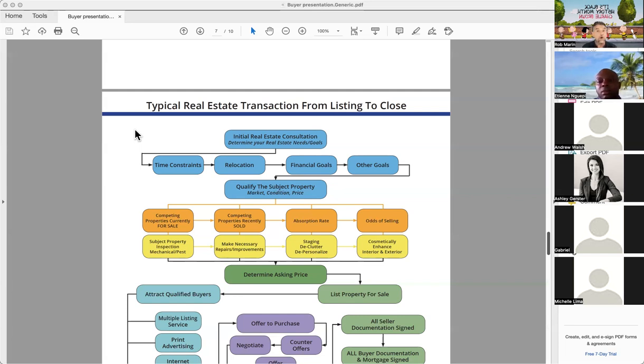That could be it. Or what if you're on a block where the home you're in is lovely and it's on a hill, but you have no view because the homes across the street block the view, but the home across the street has the view? Well, then that home is going to go for more money because it has a view. Your home doesn't. Those are all the different things you also want to look at when you look at a home that's sold.